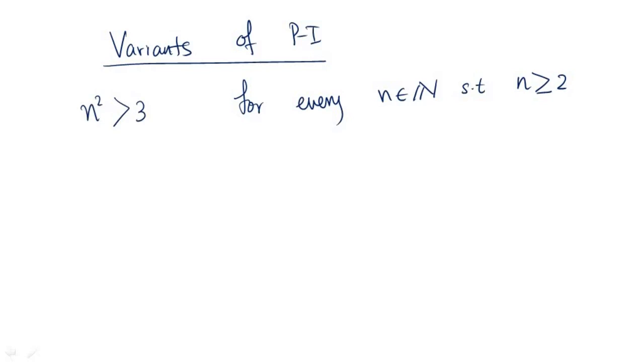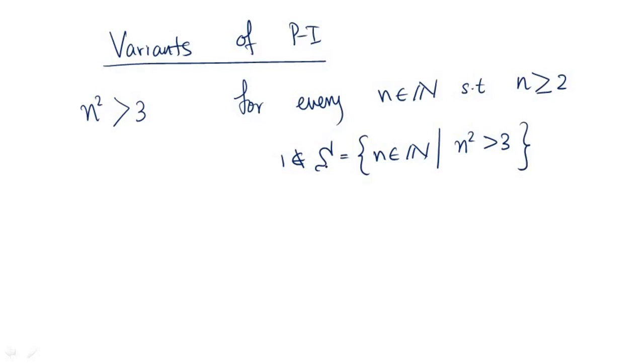Note that we cannot apply the principle of induction to prove this, at least the one we have mentioned in the theorem, simply because this statement is not true when n is equal to 1, and therefore 1 does not belong to the set S given by this condition, that is the set of all integers such that n squared is greater than 3.